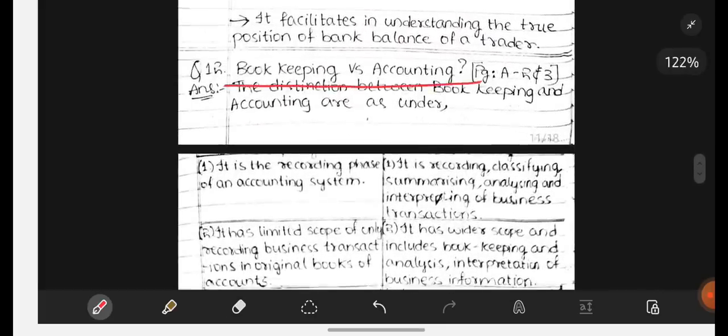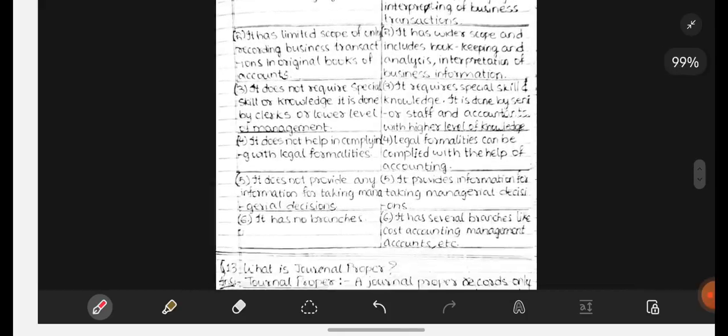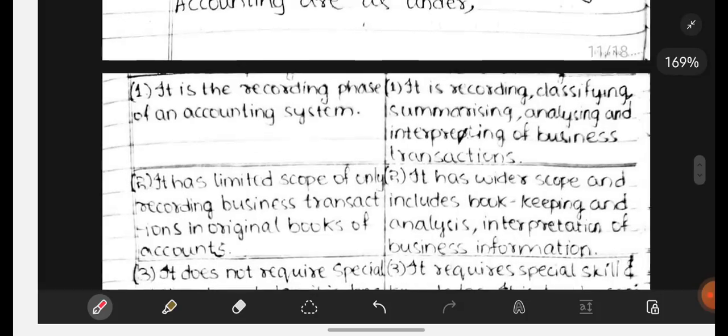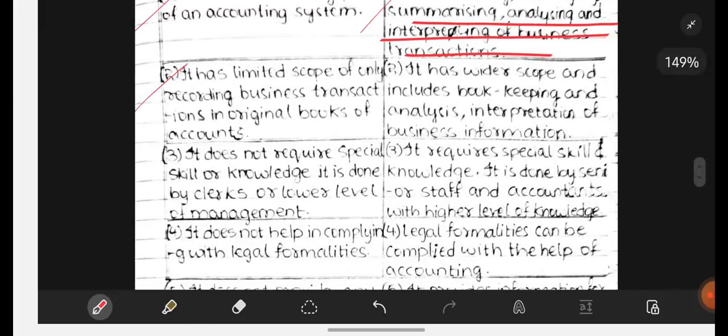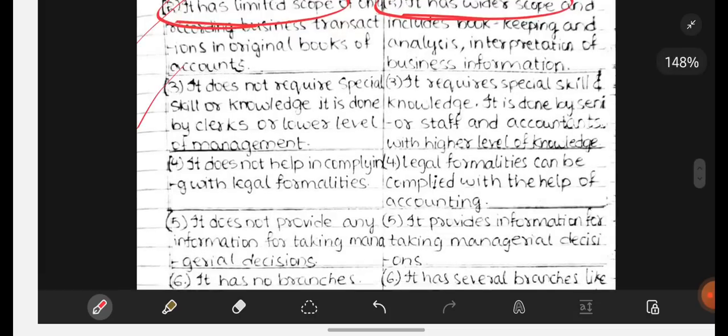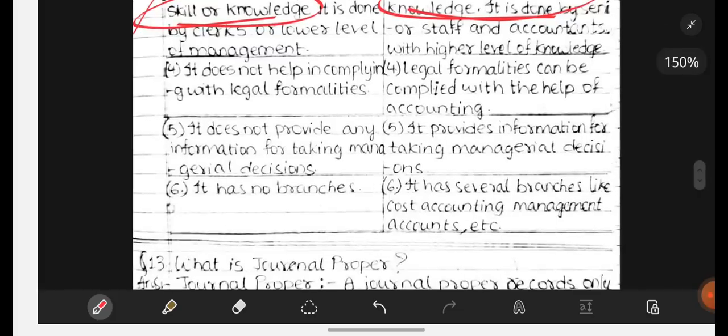That's all. Bookkeeping versus accounting. What is bookkeeping? What is accounting? Differences you have to write. It is the recording phase of an accounting system. It is the recording, classifying, summarizing. It has limited scope, but it has wider scope. It does not require special skill or knowledge, but here skill and knowledge is necessary.